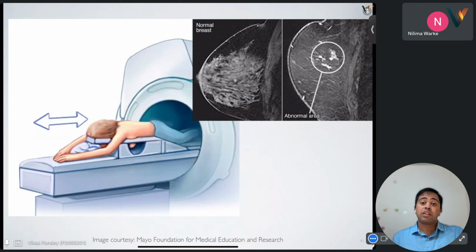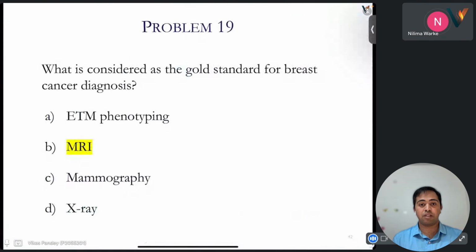Okay, so that is the gold standard. Gold standard means that it is used to confirm. If you have something in the X-ray mammogram, to confirm whether it is there or not, for complete conformity, it can be done using MRI. So MRI is the gold standard.